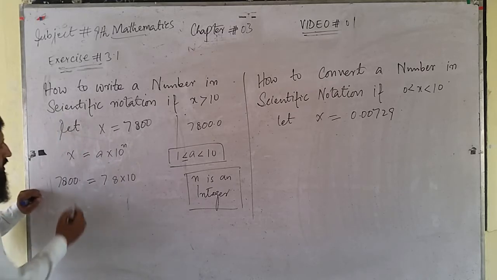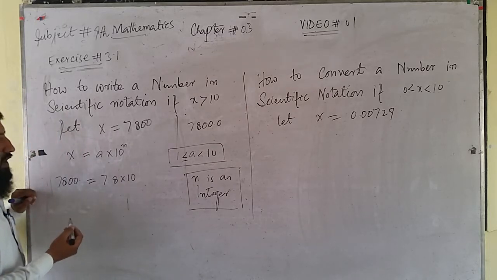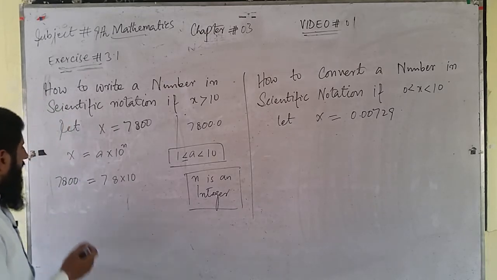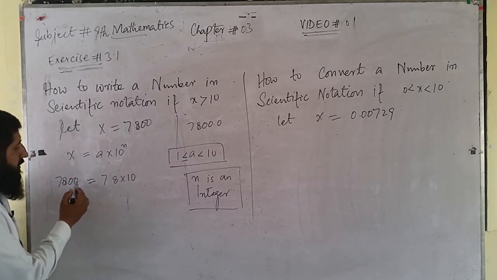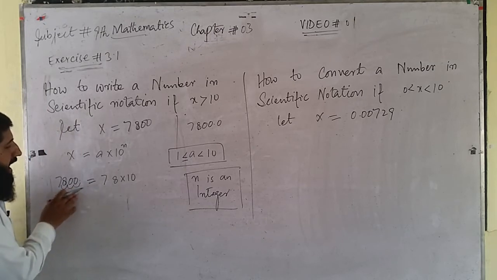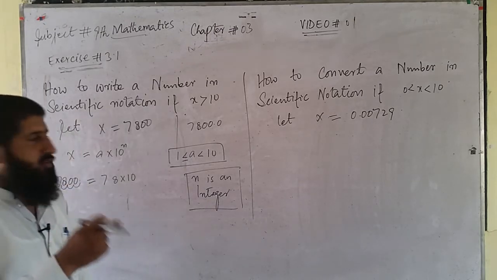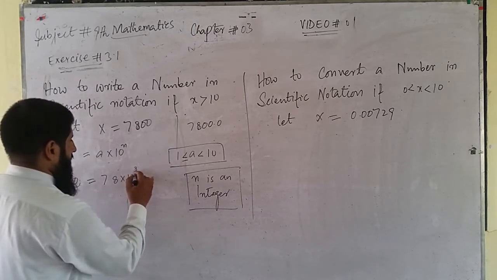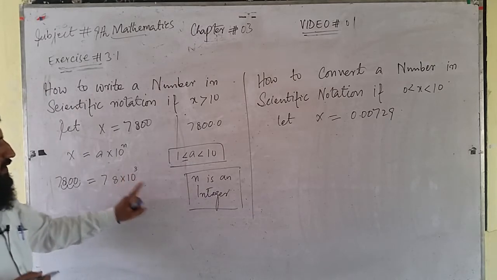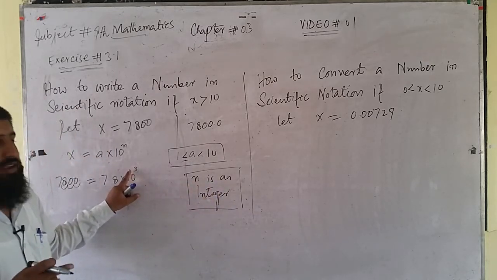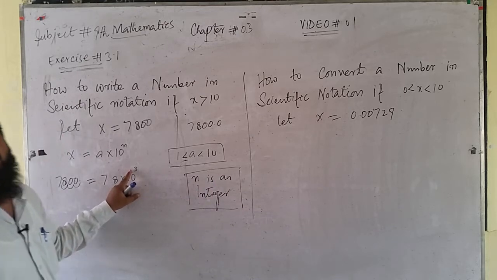Through how many digits have we moved that point? 1, 2, 3. Through 3 digits. Now, as we know that n is an integer, we have to decide whether it is a positive or negative integer.